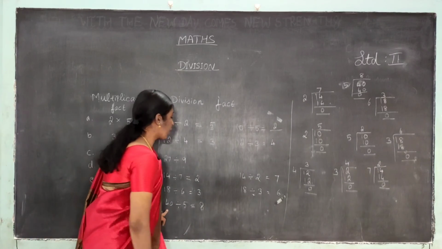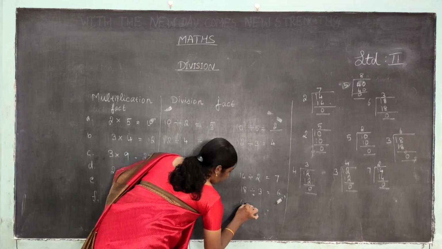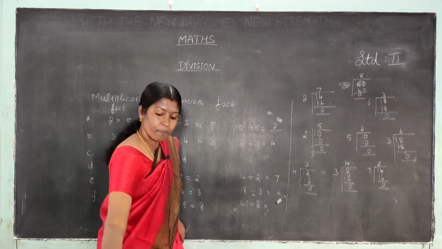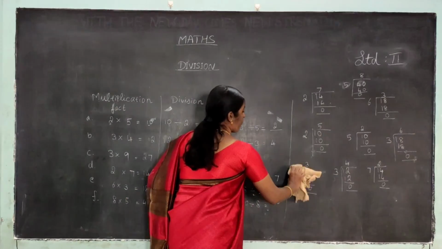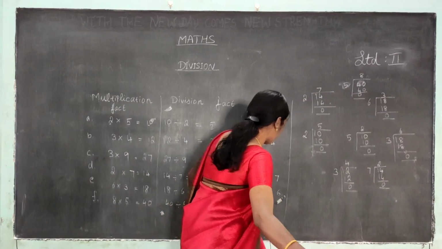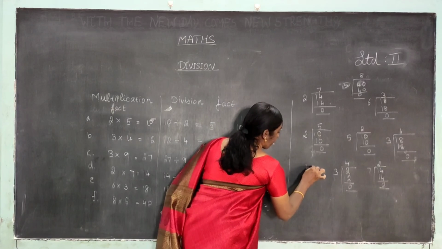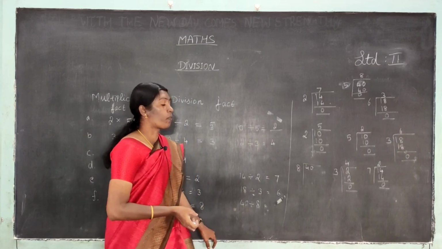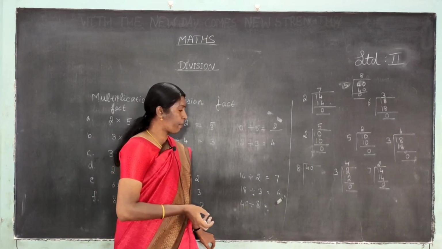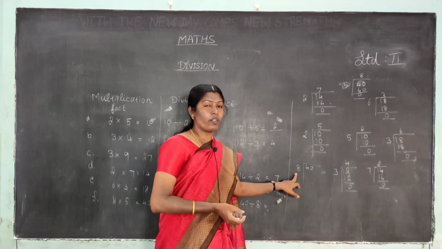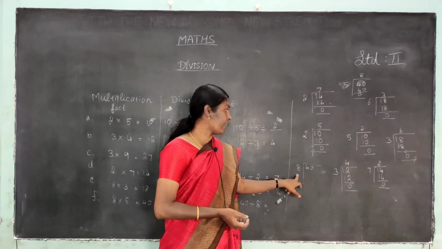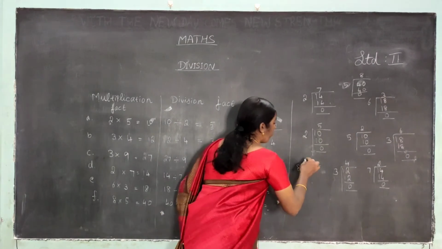Okay, next we are going to divide 40 by 8. When you divide 40 by 8, what will come? Let us see. 40 and 8. Tell the 8 table. 8 1s are 8, 8 2s are 16, 8 3s are 24, 8 4s are 32 and 8 5s are 40.